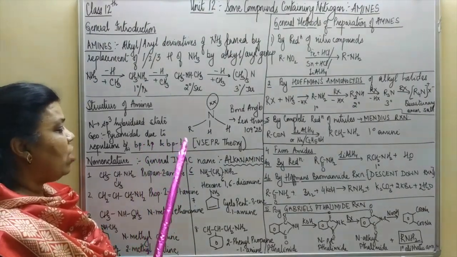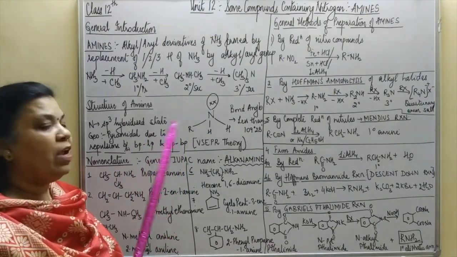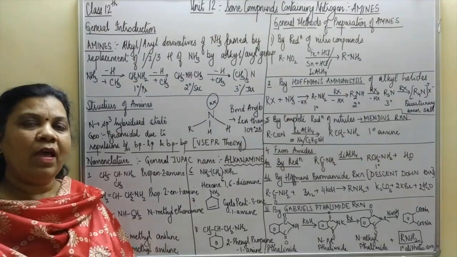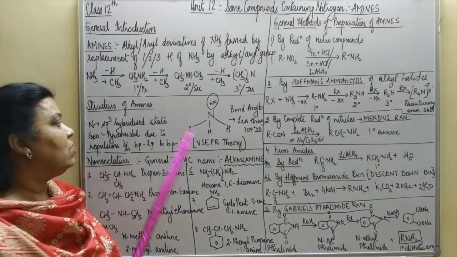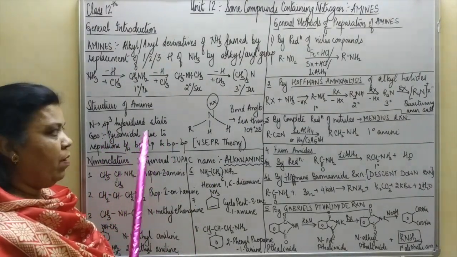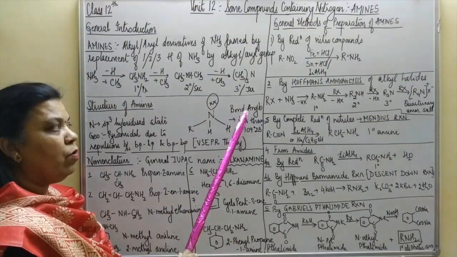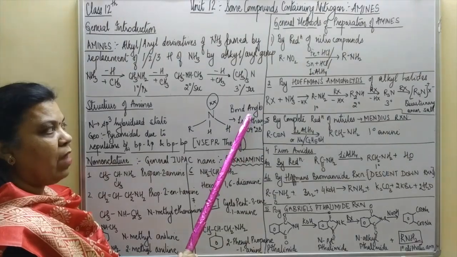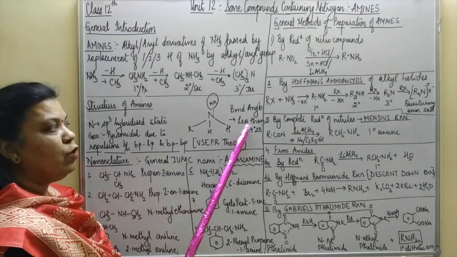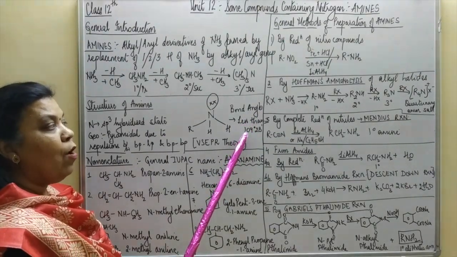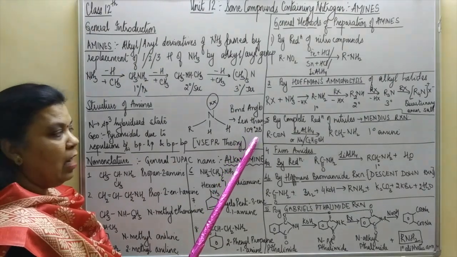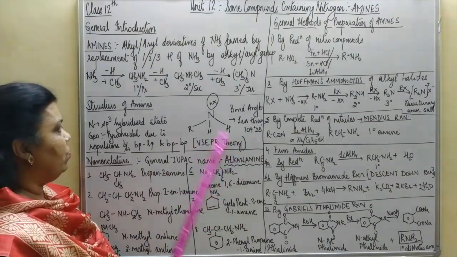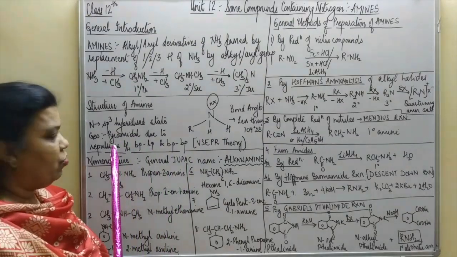So its geometry no longer remains tetrahedral, rather becomes distorted pyramidal. And its bond angle also does not remain the tetrahedral angle of 109 degree 28 minutes, but reduces and becomes less than 109 degree 28 minutes due to possible repulsions. So this is all about the structure of amines.